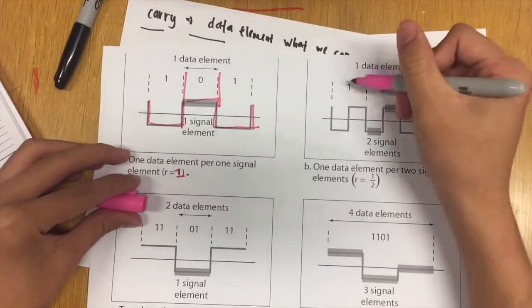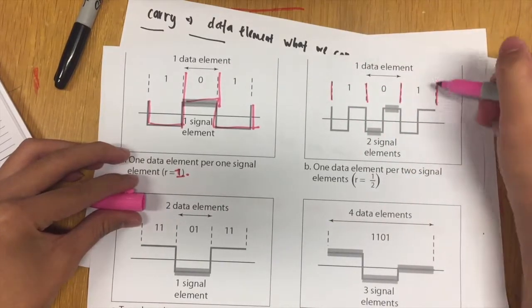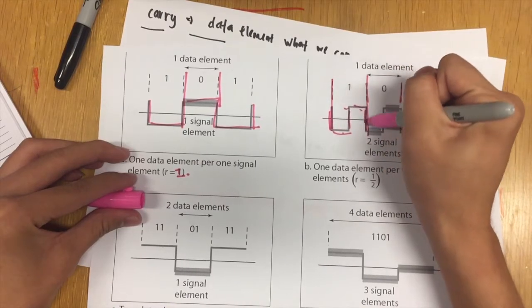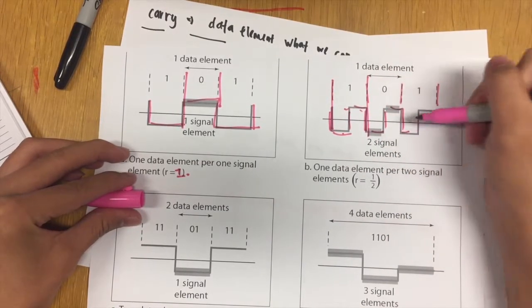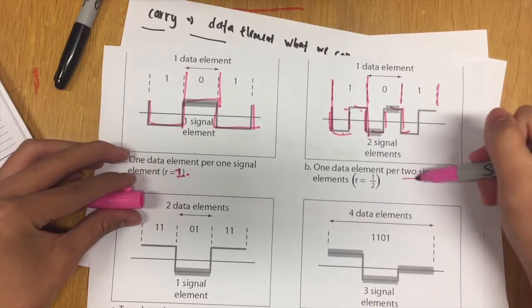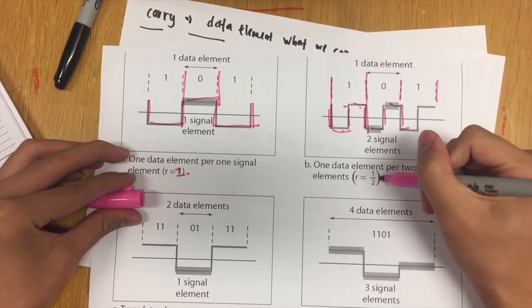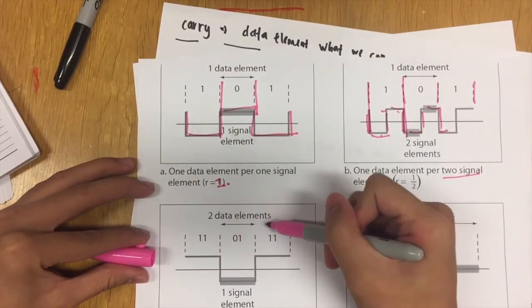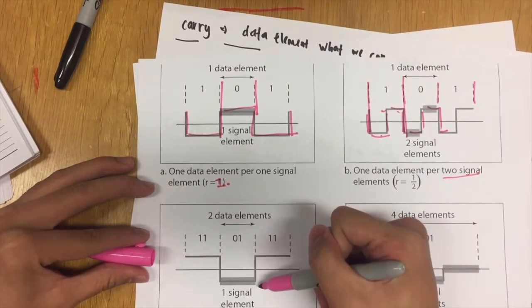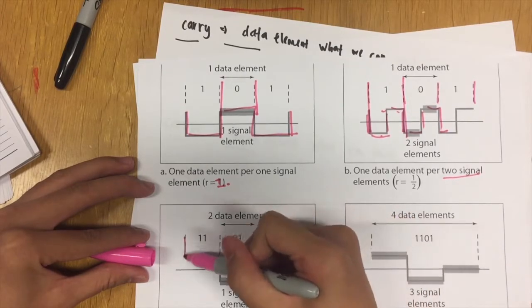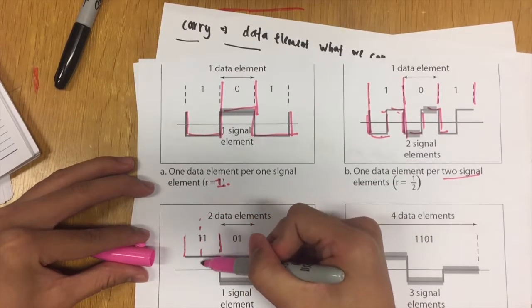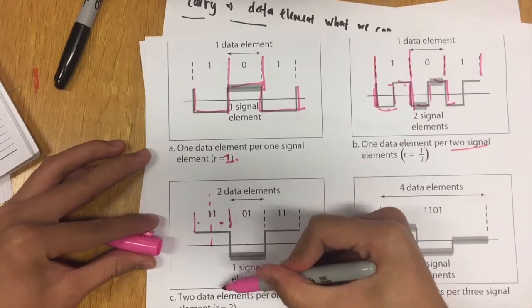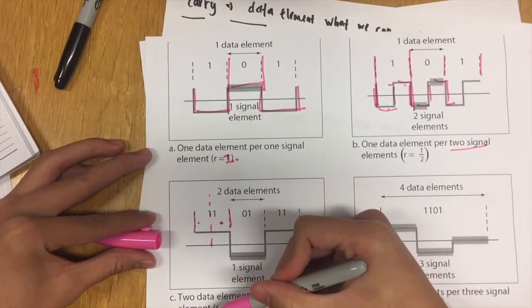And the second one, this is data, while these are signals. Each data element has 2 signals, so it is 1 data element per 2 signal elements, with a ratio of one half. While this one has 2 data elements in 1 signal element, so it is 2 data elements per 1 signal element.